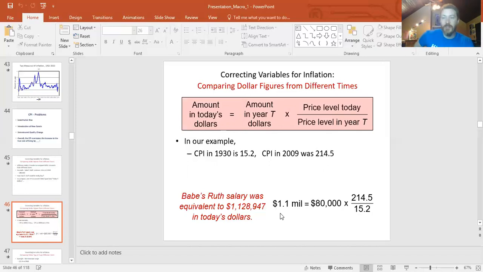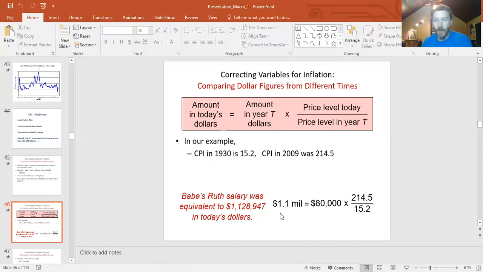So if Babe Ruth were here today, with the money he received in 1931, he could buy about 1.1 million worth of stuff. And you know what prices are today. You've got a pretty good sense of how much stuff costs, and how much 1.1 million can buy. Right?